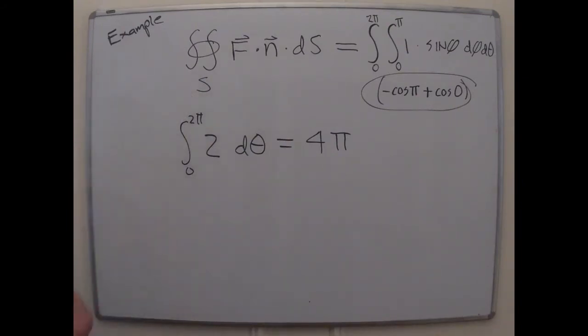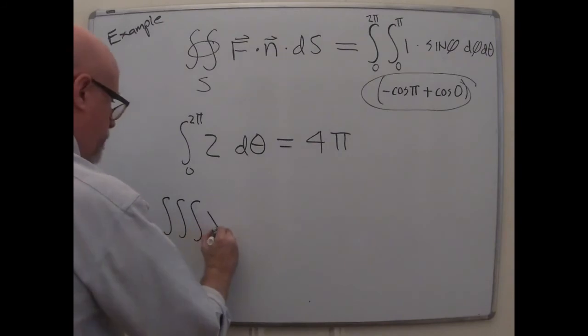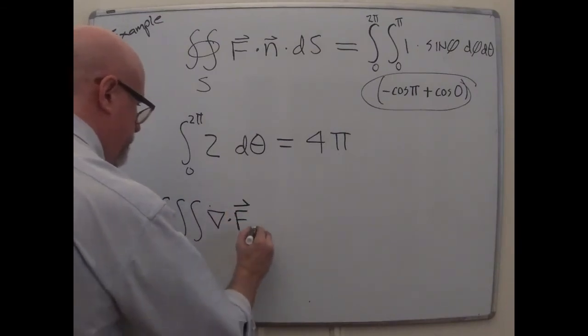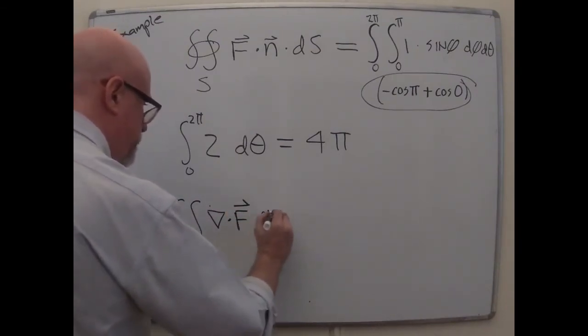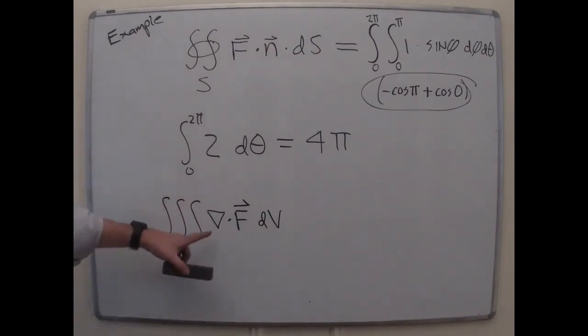Cool. 4 pi. That was doing the closed surface integral. What about the triple integral of the divergence of our vector field with respect to volume? Well, first let's figure out the divergence of the vector field.